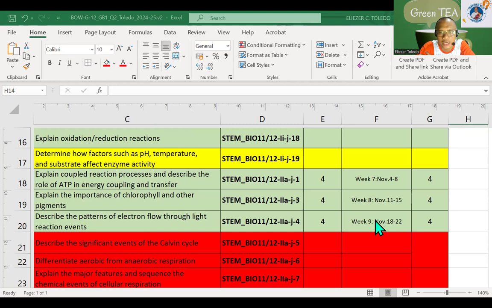So as you could see in here, we may or may not include week 9, because there is going to be a bit of a special topic for week 8, and that is going to be about light absorption and reflection of light prior to talking about chlorophyll.